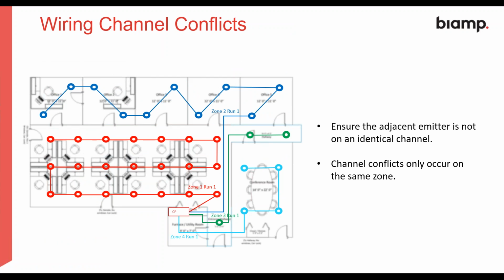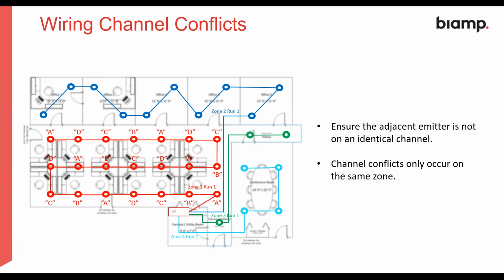So where we talked about the 4 channels, we need to make sure that the adjacent emitters are not on an identical channel. You can only have a conflict on the same zone. So the run that we've done here, as you can see, we come out of the control processor, we have channel A, followed by B, C, D, and then so on.